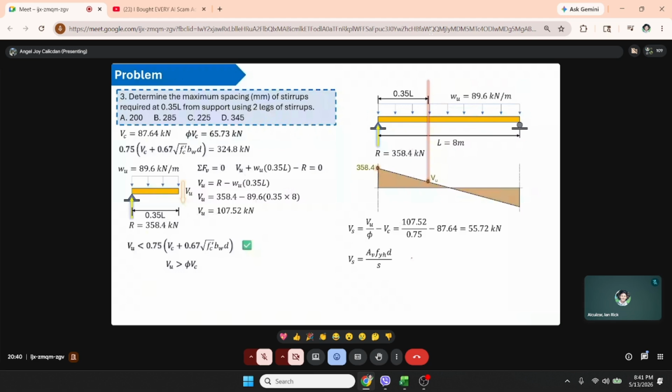And same gihapon na formula, rearrange para makuha ang S. And given na sa problem na 2 legs of stirrup, so times 2 siya sa area sa ato ang shear reinforcement. So Av is 157.1 gihapon square mm.